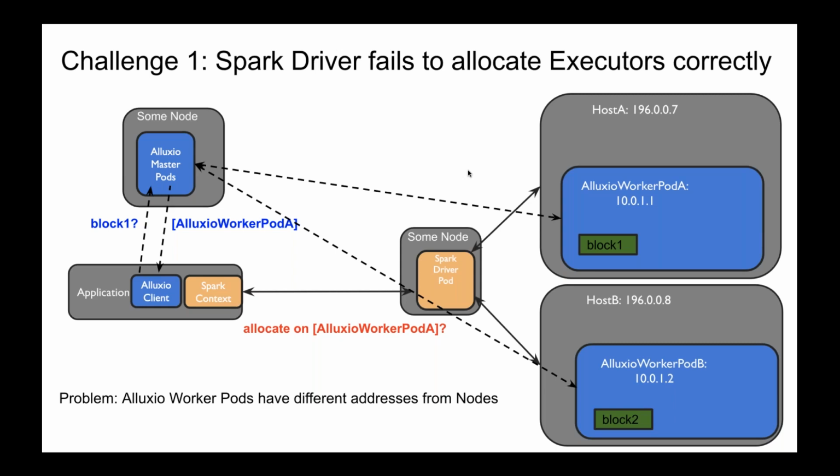It has no knowledge that the Alluxio worker is now running in a Kubernetes environment, and this host name mismatch will lead to problems. The problem is that when the Spark driver tries to allocate the Spark executor on Alluxio worker pod A, there's no node called Alluxio worker pod A, and it's just impossible to launch the Spark executor there. Now data locality is not achievable. This is the problem.